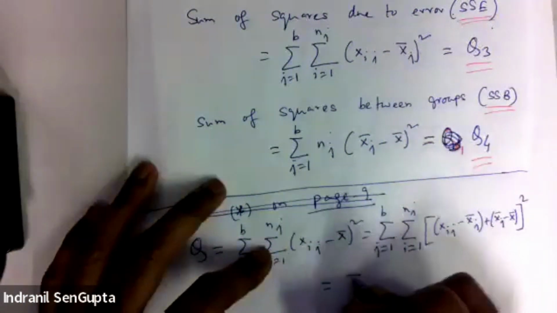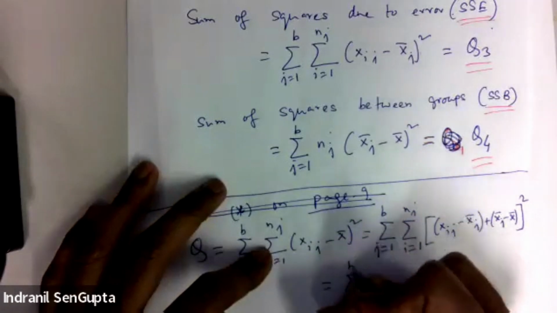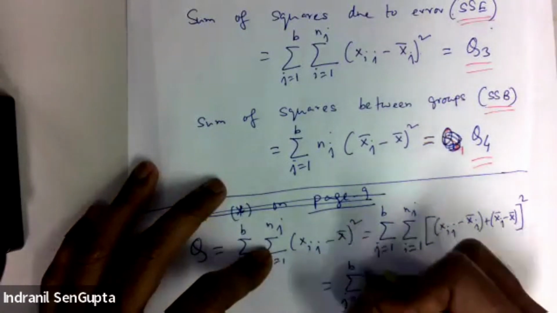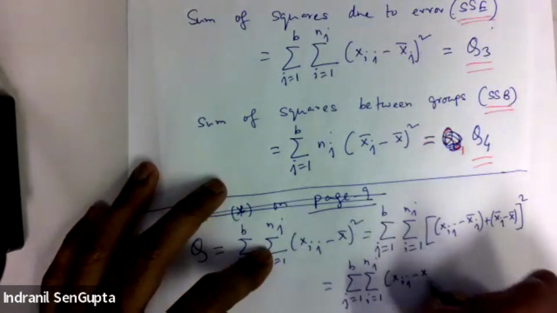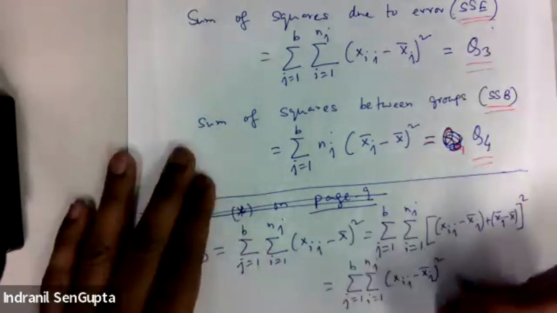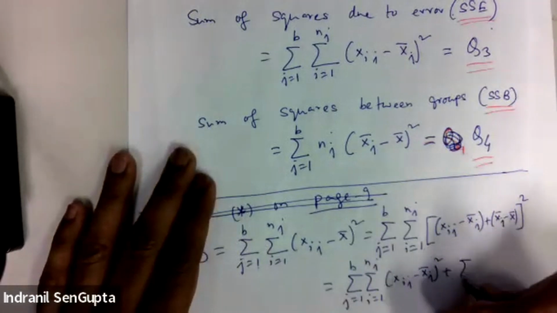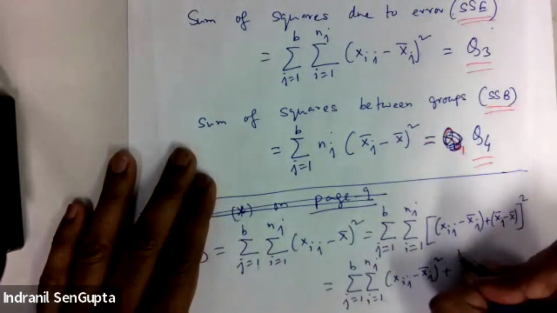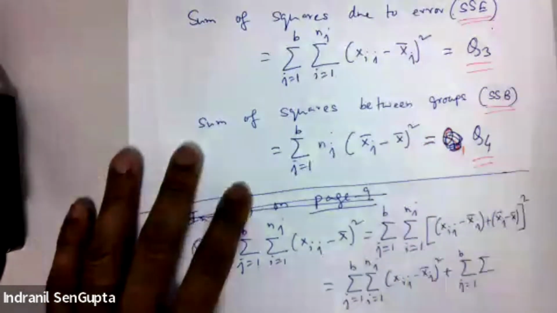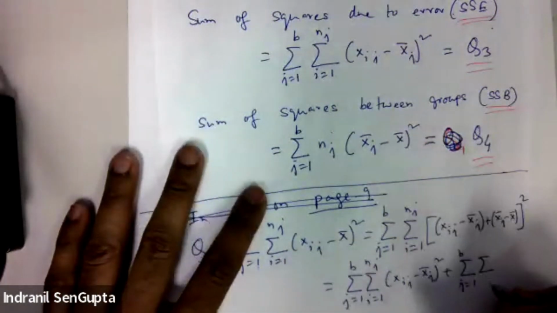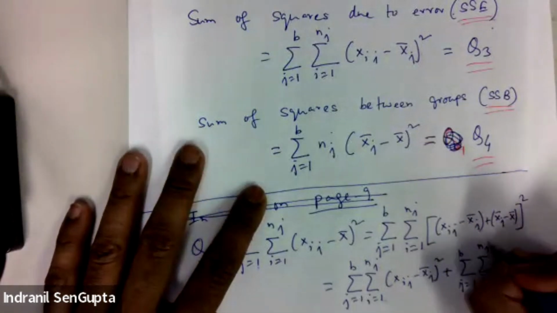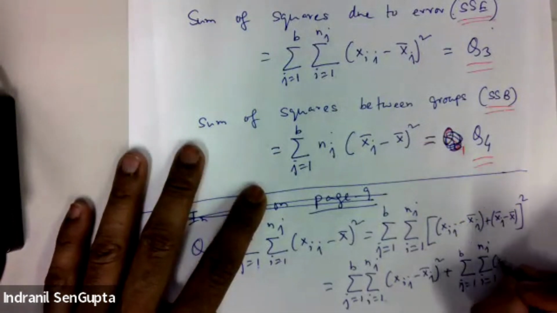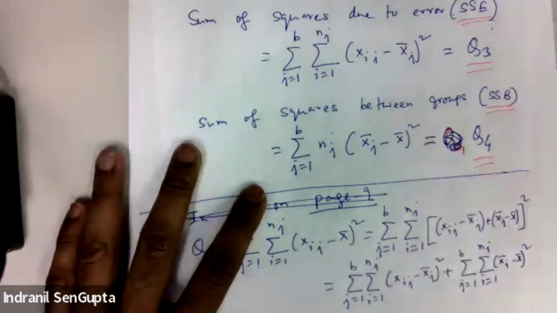If I just FOIL it out, first we have the square of this one. Then I have the square of this one, j from 1 to b, i from 1 to n sub j, xj bar minus x bar squared.